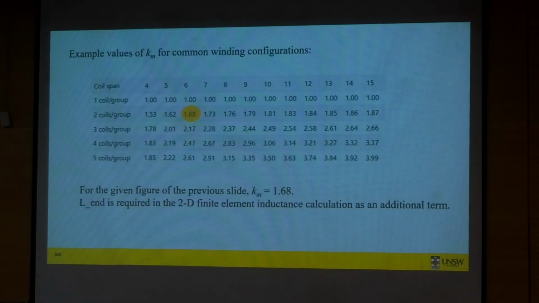For example, here it shows this factor for various types of coils. For the two coil group we saw in the previous slide, the factor Km is 1.68. Just be aware that these are all empirical estimations and come from experience only.